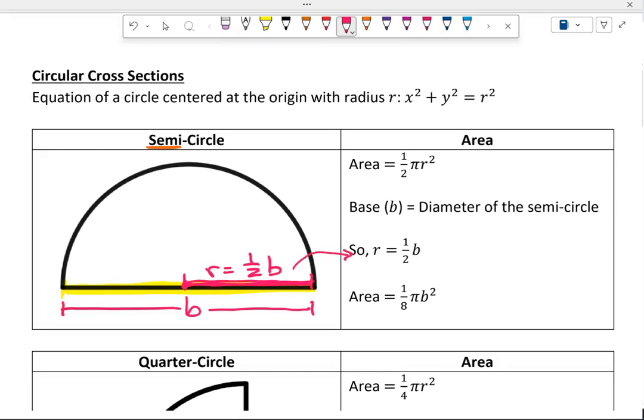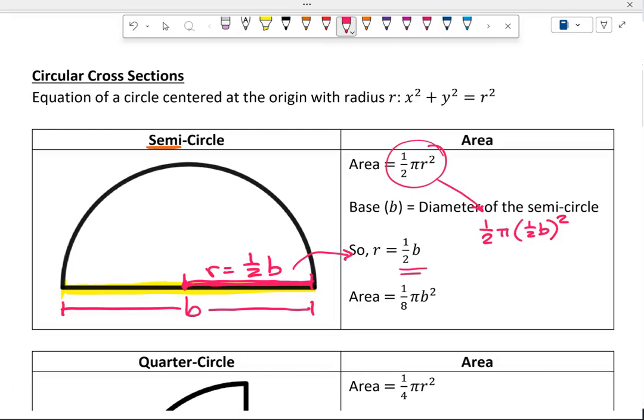Well, if I take this equation and I substitute in that 1/2 b for r, let's see what we get. So it'd be 1/2 pi times 1/2 b squared.